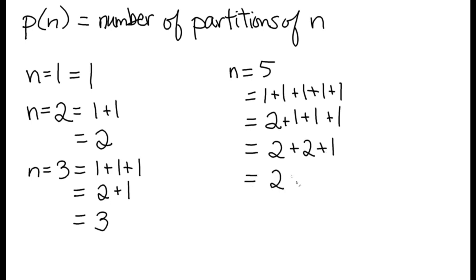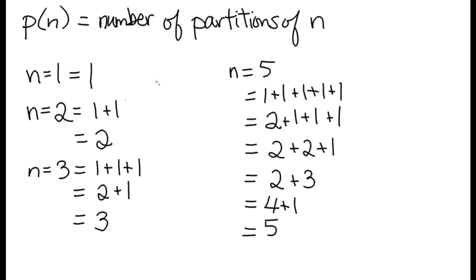We could do 2 plus 3. We can do 4 plus 1. We can do 5. Is there any other way to break up 5? I think we've got them all. The order doesn't matter. If I did 1 plus 1 plus 2 plus 1, that's the same as the second sum we have here.